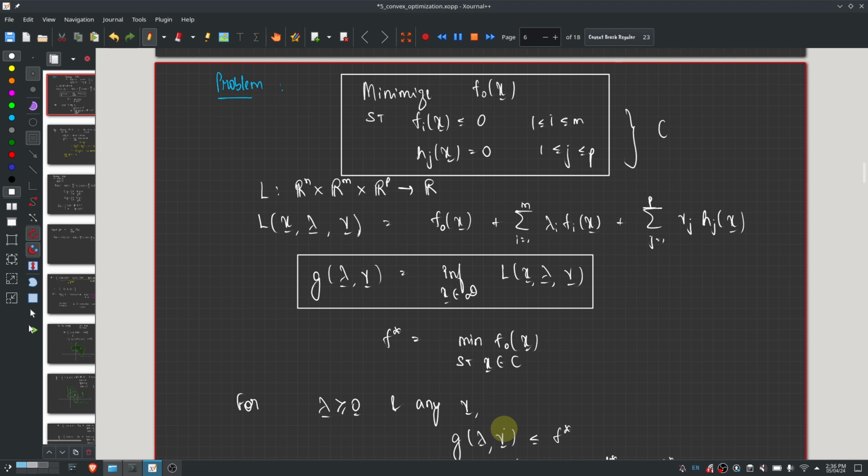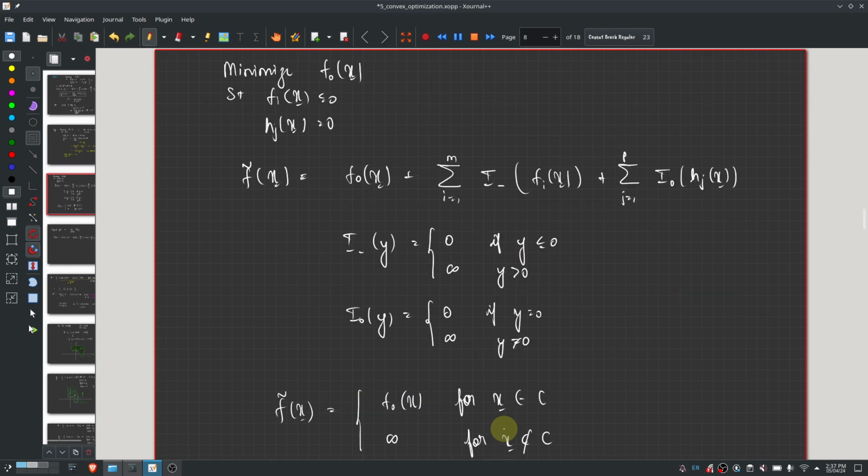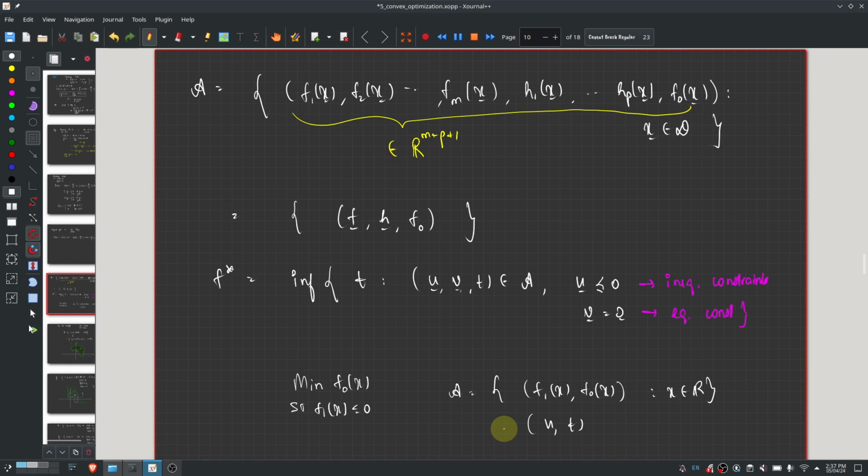But in the previous class, we looked at a geometric interpretation of duality in terms of these epigraph sets. Recall that I first defined this set A as the set of all vectors of the form f1 of x, f2 of x up to fm of x, h1 of x up to hp of x, and f0 of x.